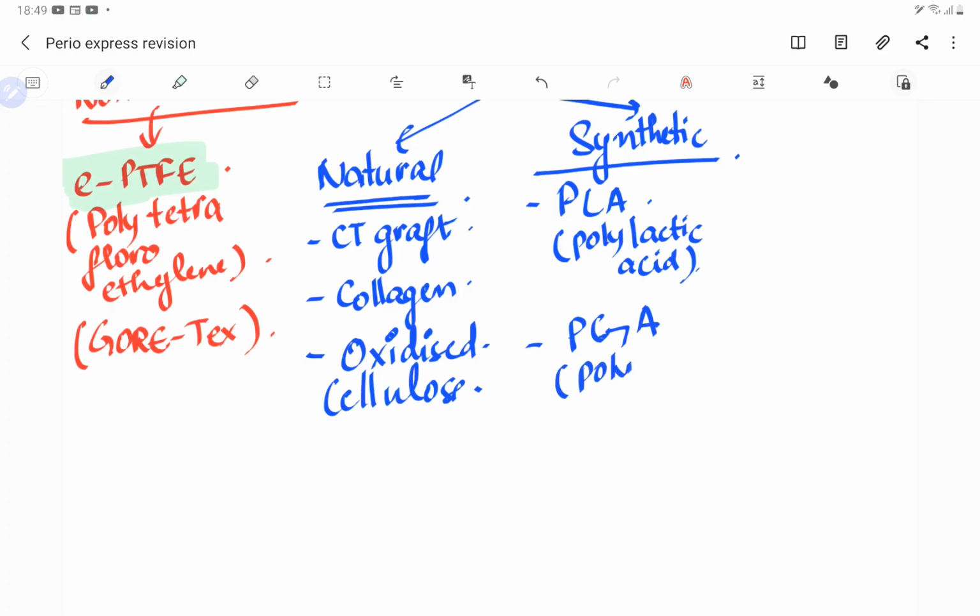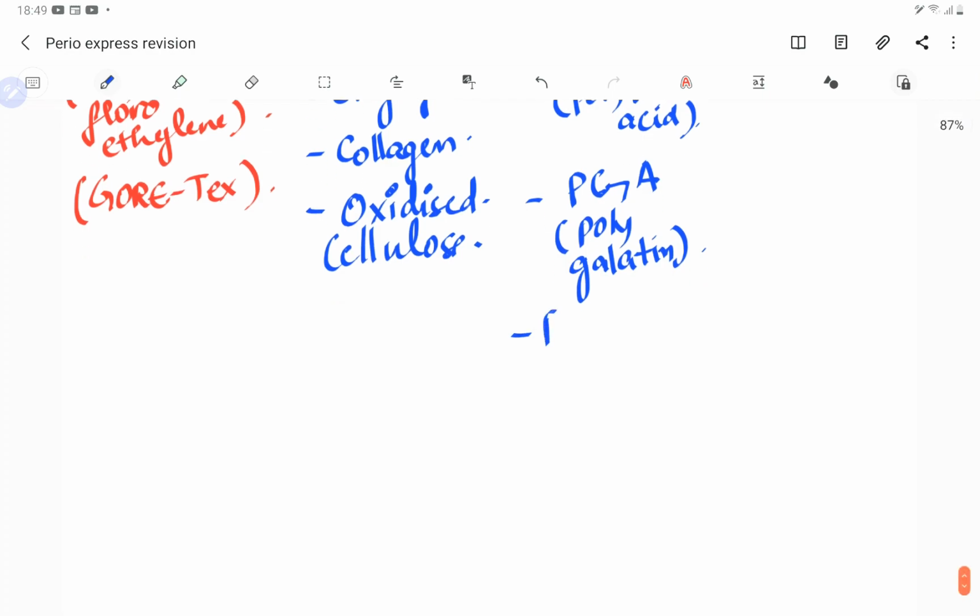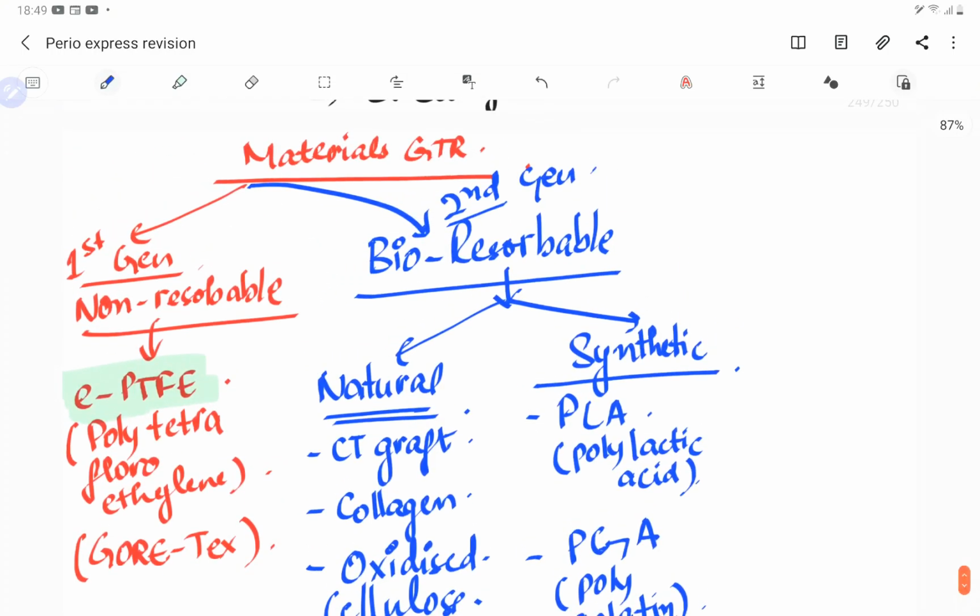So this is the polygalactin or polygalactic acid. I'm just going to write here galactine, because polygalactin 910 again is an example of synthetic one, and both of these can be again, so PLA plus PGA is again a bioresorbable synthetic.